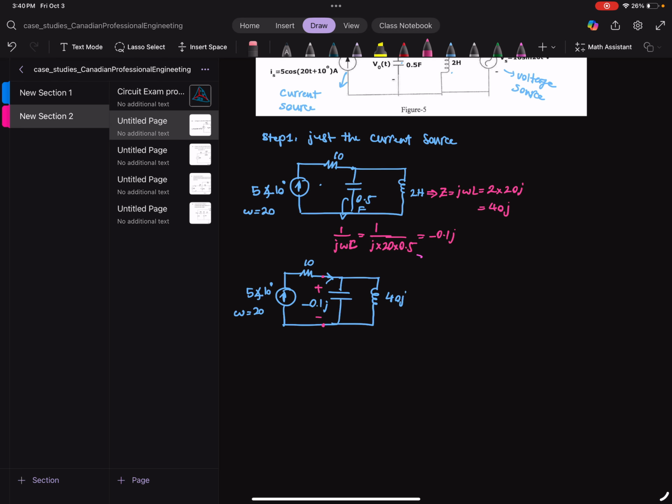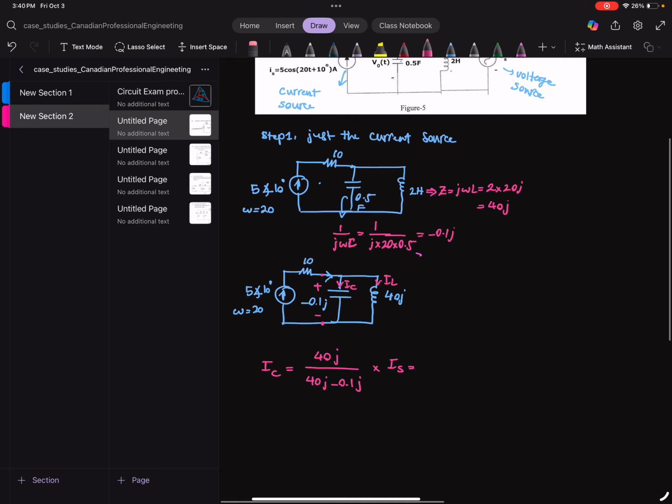The current division would tell us that, let's call this IC and this is IL, and our total current is the 5 from the current source. So our IC is going to be 40j over 40j minus 0.1j multiplied by IS. Let's call this IS.